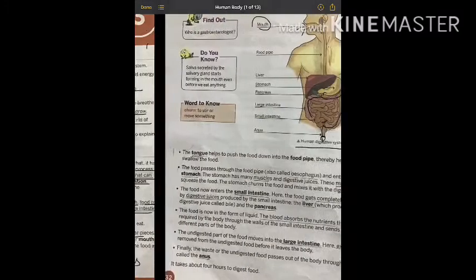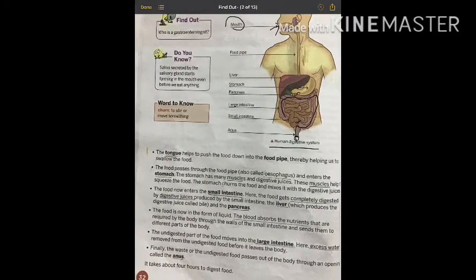Okay, moving on to the next page. Here, now the tongue in our mouth helps to push the food down into the food pipe. So it also has a role of pushing the food from here down in the food pipe. All right, students, now this food passes through this food pipe into the stomach.